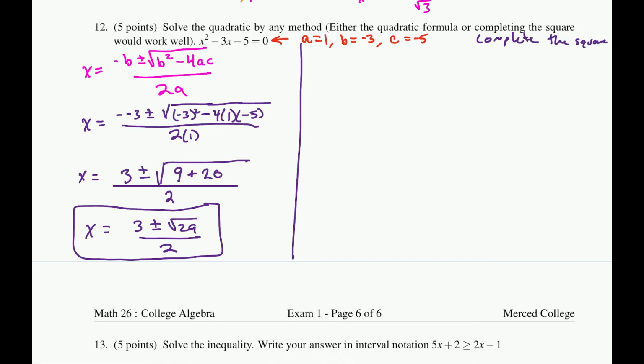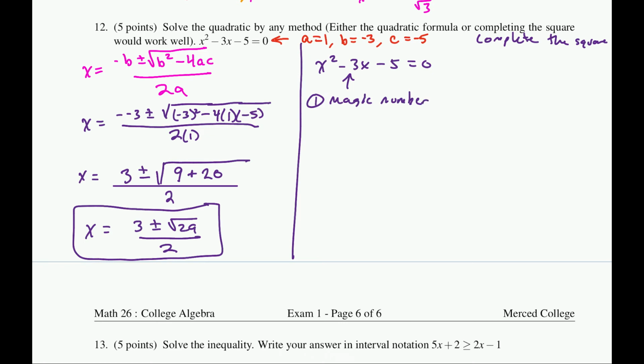So in order to do that, actually, you know what? I lied. Completing the square doesn't work well on here. I'll explain why it doesn't, by the way. It's easy to see that it doesn't. So normally the way you complete the square is you take this middle term and you use it to calculate what I called the magic number.